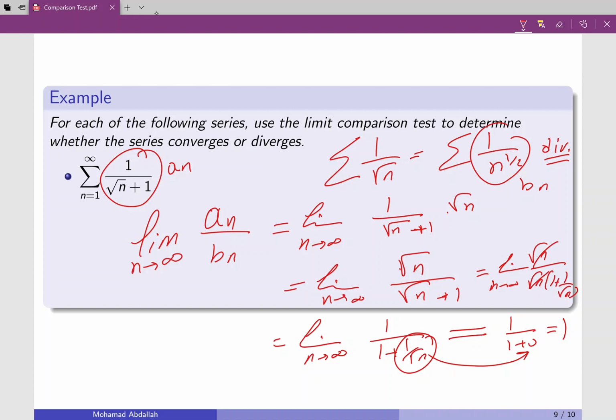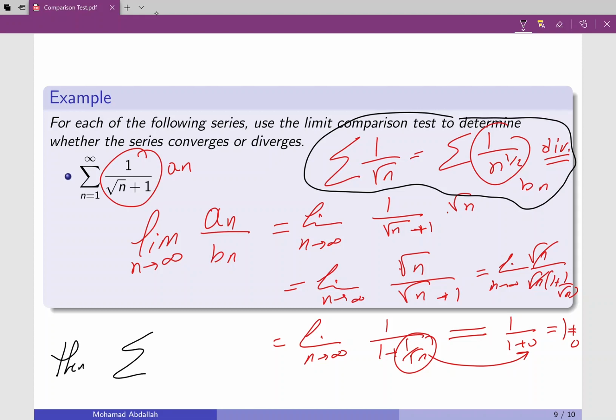Since the limit of an over bn is equal to a number 1, which is not 0, that means that the summation of an and the summation of bn behave the same. And because I know that the summation of bn is divergent as it's a p-series with p less than 1, then I can conclude that the summation from n equals 1 to infinity of 1 over radical n plus 1 is divergent as well.